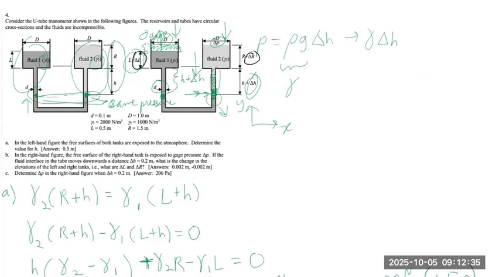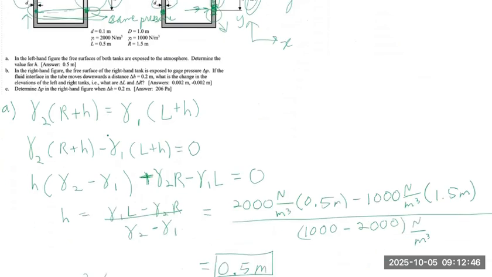So the pressures at this point must be equal to each other. We first find the hydrostatic pressure at that point for the right end, and then we find the hydrostatic pressure at the same elevation for the left side, and then we set them equal to each other.